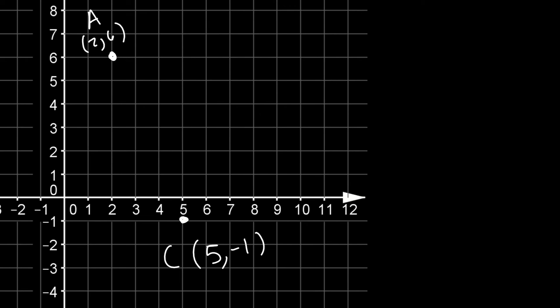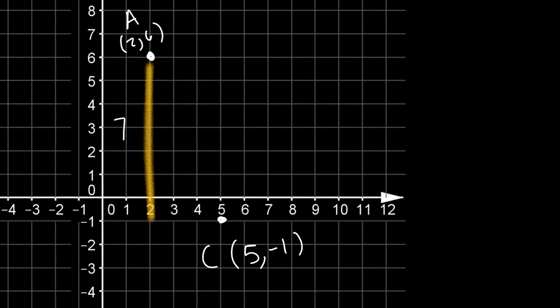So if I look at just traveling along this vertical line from A all the way down to the vertical line that C's on, I can see that this line segment is 6 plus 1, or 7 units long, right? And I could get that with an arithmetic problem.